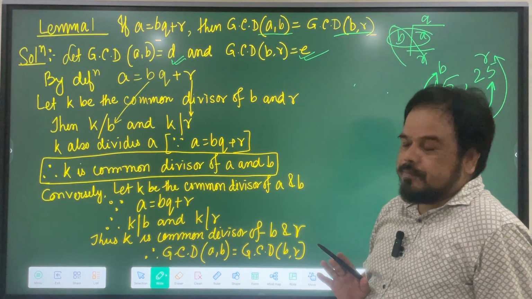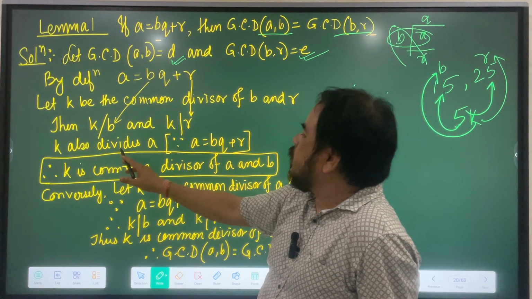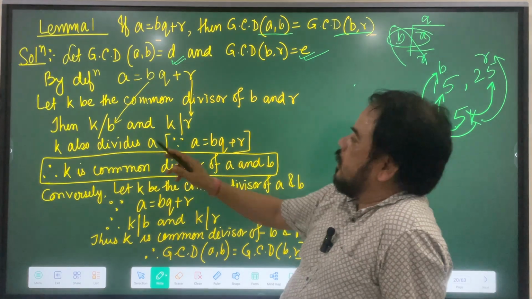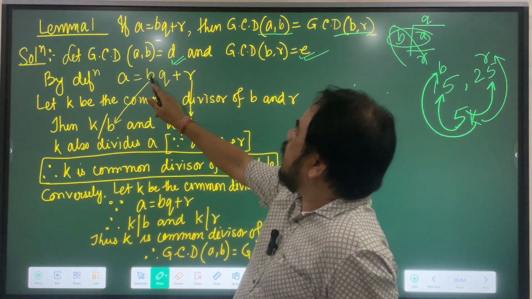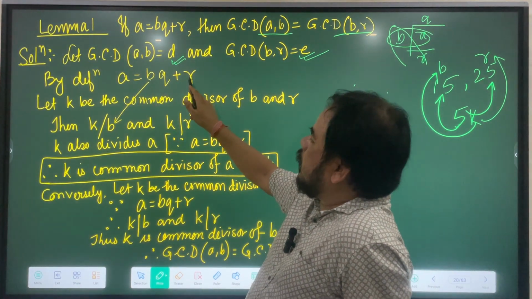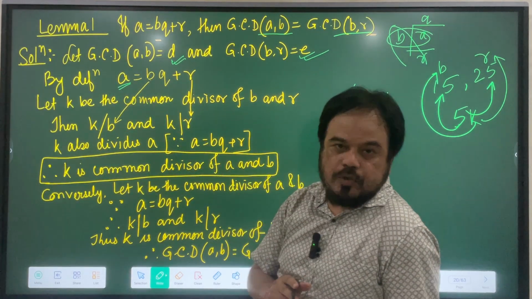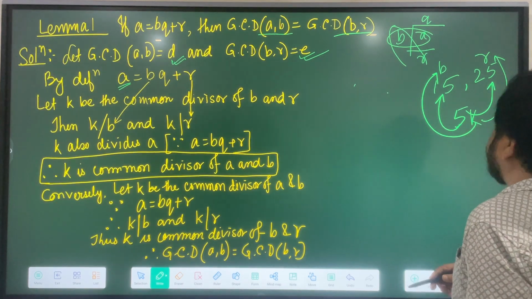I hope you understand. K also divides A because A equals BQ plus R. Why? If this one and this one are both divisible by K, then by K we can divide this one also. I will show you one example.